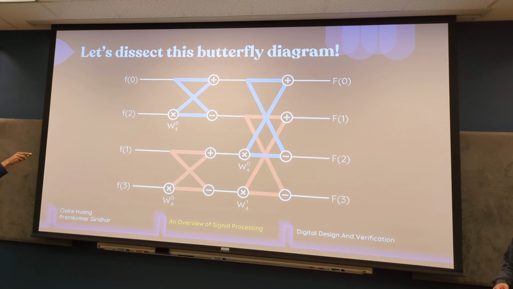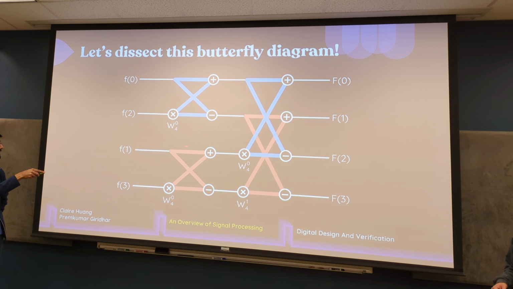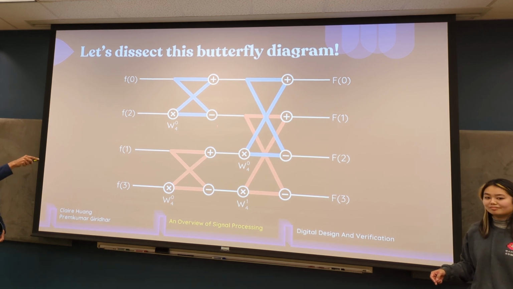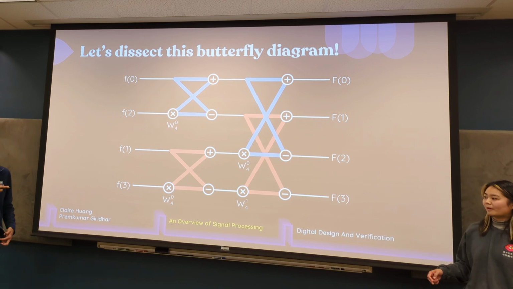Then we do the bottom two and get this value. To compute F0, the frequency bin value for the 0th bin specifically, we multiply this one by the twiddle factor and add it to this one.